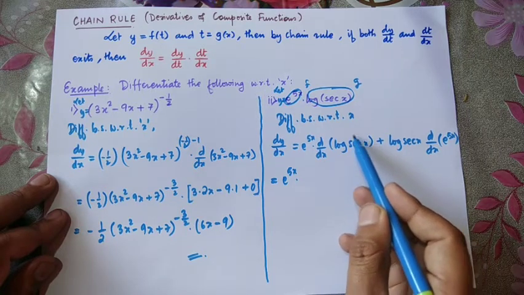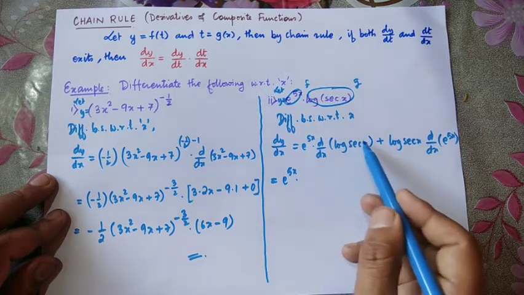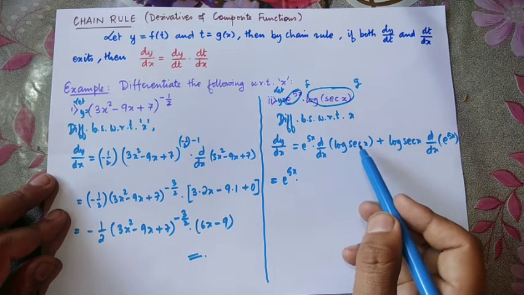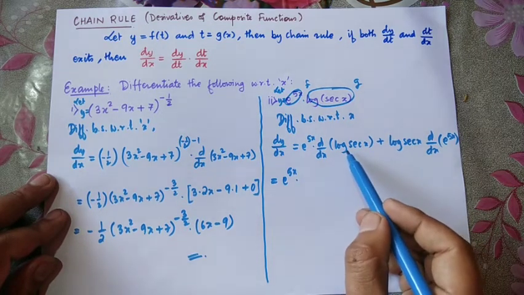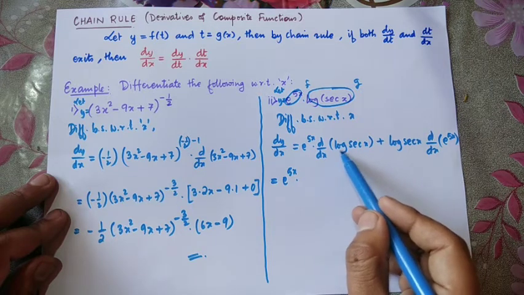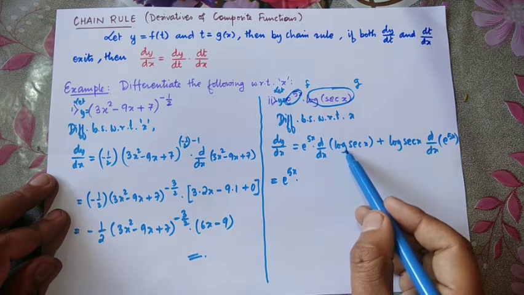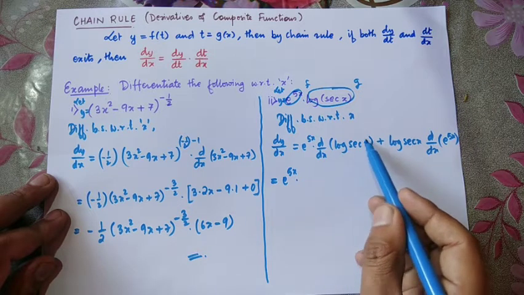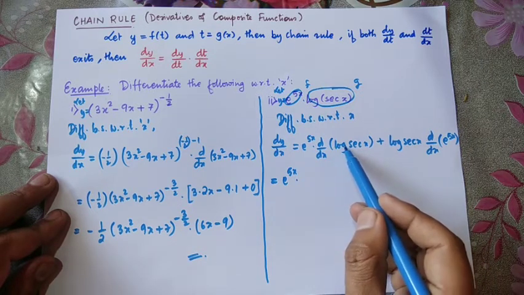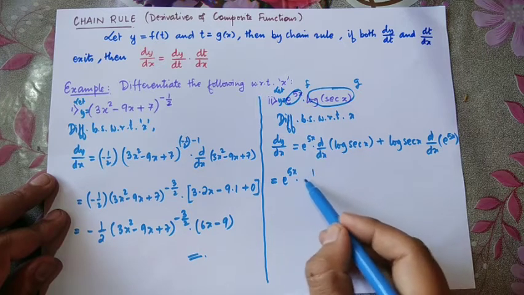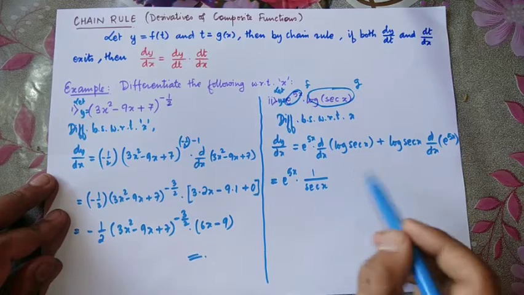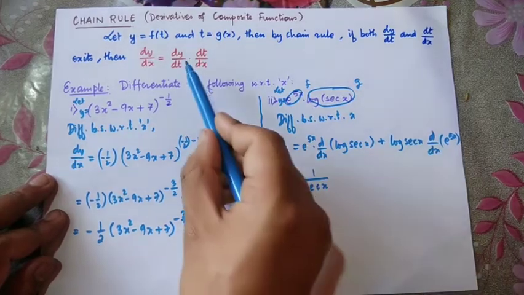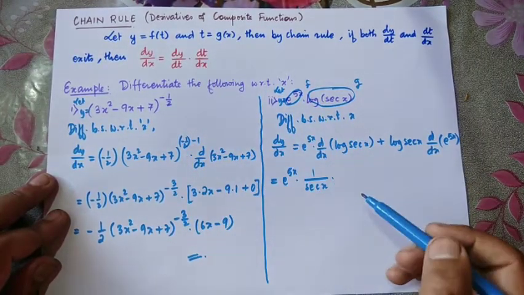This full thing is a composition of two functions, one is log x and another is sec x. When we differentiate log, because we have to work from outside, so when I differentiate log x I'll get 1 by x. So let me call this as x. If I differentiate log, then I'll get 1 by x, and x is sec x. Next, there's an into sign there, so we'll write into.